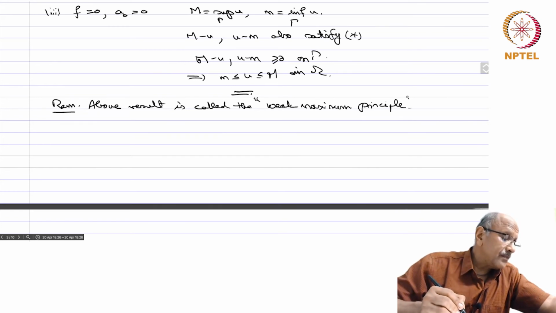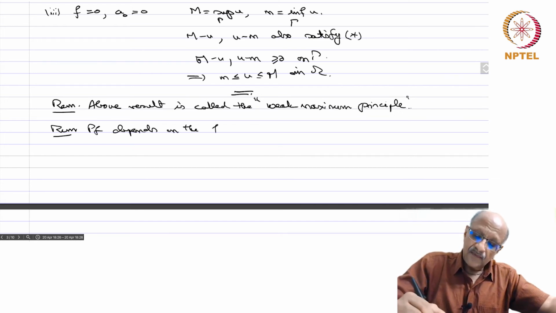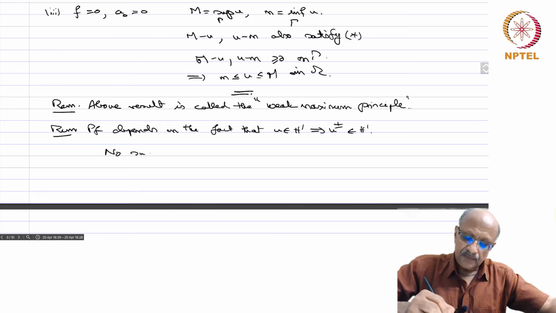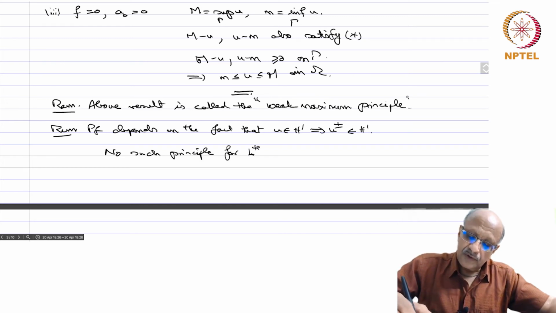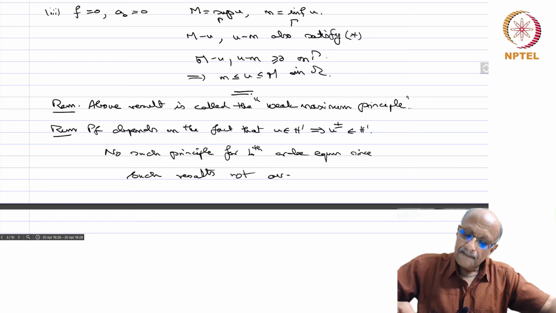And so, remark, the proof depends on the fact that u belongs to H1 implies u plus and u minus are also in H1, and therefore there is no such principle for fourth order equations, since such results are not available in H2 of omega.